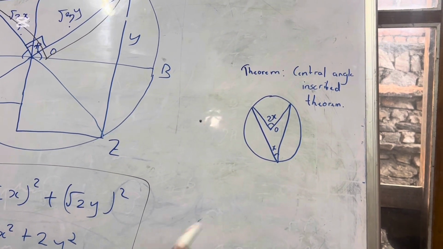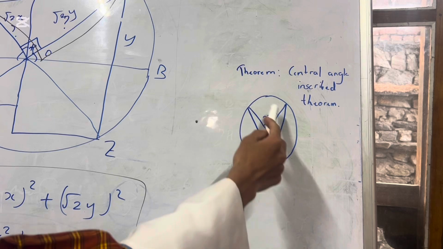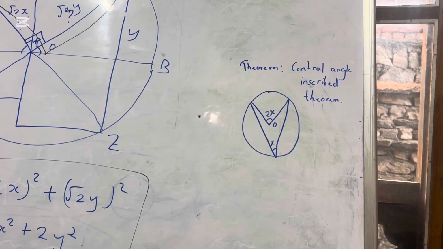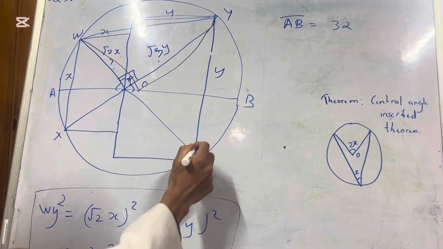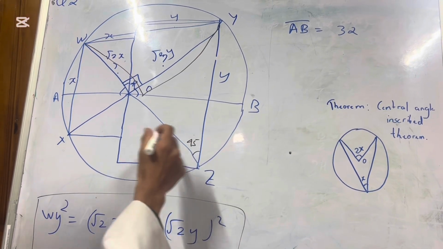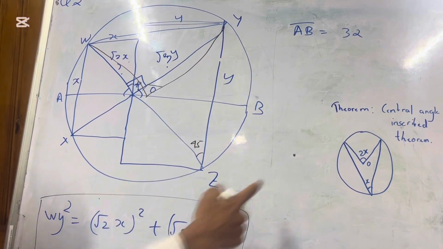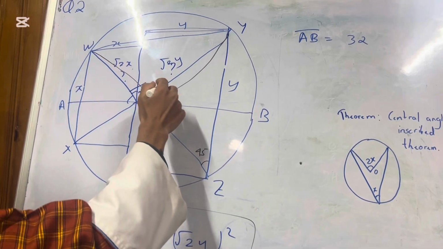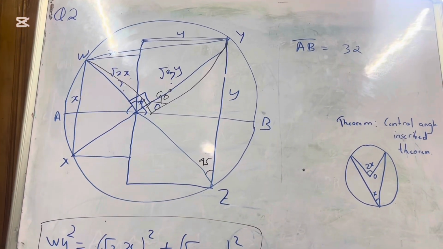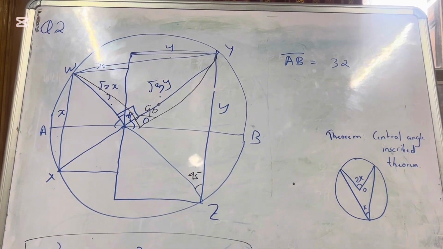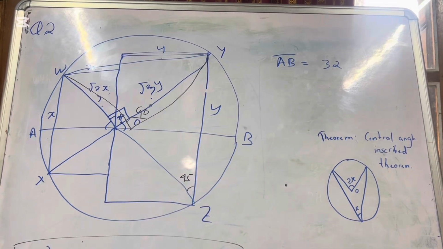So if we have x over here, the angle over here will be 2x. Since this is the diagonal of a square, this will be 45 degrees, and by this theorem, this will be 90 degrees. So therefore we can use the Pythagorean theorem over here to find out what WY is.